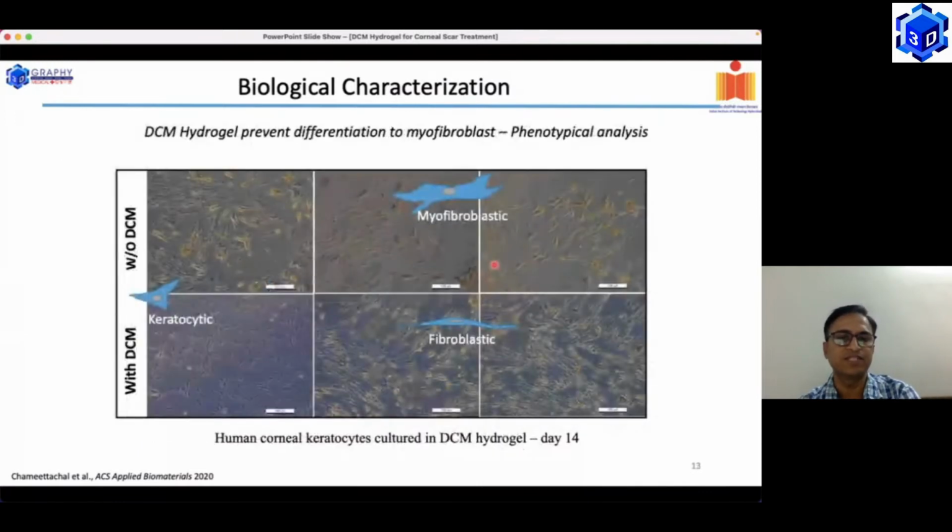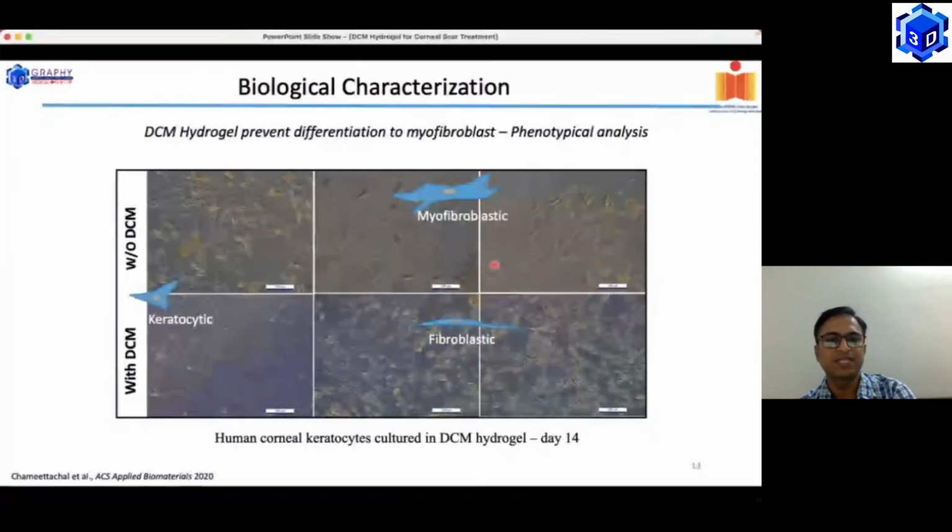Also, another striking feature we have observed is that keratocytes, when you culture them in vitro, like in a tissue culture plate, often lose their phenotype. They differentiate towards myofibroblasts, the contractile cells that produce a lot of collagen. From the literature, we understand that they create scar tissue.